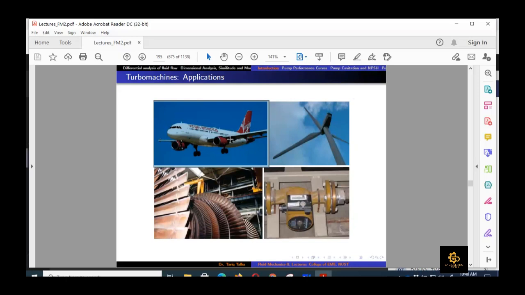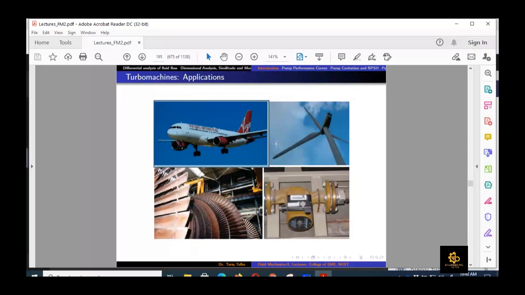We have two engines, and in an engine we have a compressor as well as a mini turbine inside, and then a wind turbine, then the compressor blade, and then the water flow rate measurement meter. Generally speaking, turbo machines are everywhere in engineering applications.